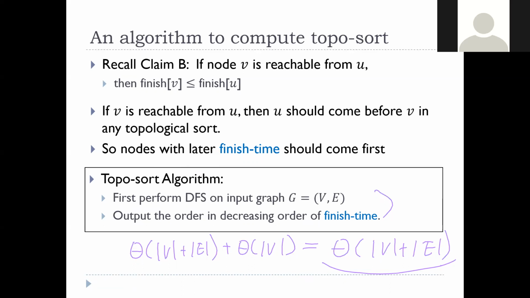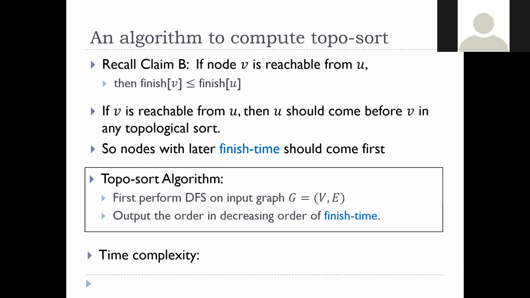Our algorithm is only proportional to the size of the graph, which is the best you can do, because you still have to traverse all the nodes and edges before you know whether you missed any edge constraint or not. So this is the optimal, the best one can do for this problem.